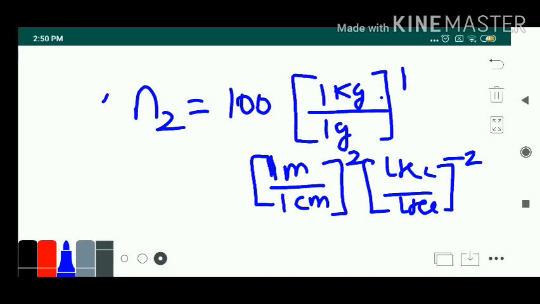Right, now in place of 1 kilogram, I can write this as 10 to power 3 gram. In place of 1 meter, I can write 10 to power 2 centimeter, and 1 second I need not convert. Right, this and all are known.